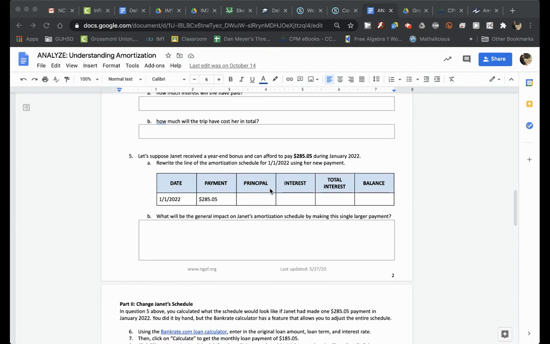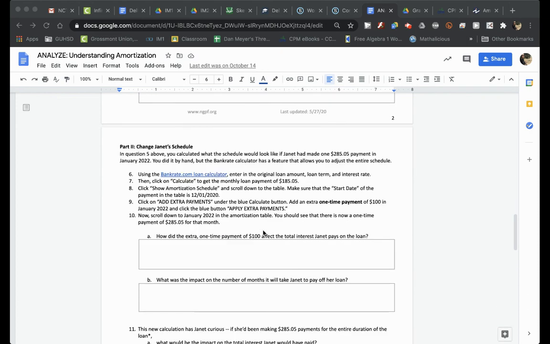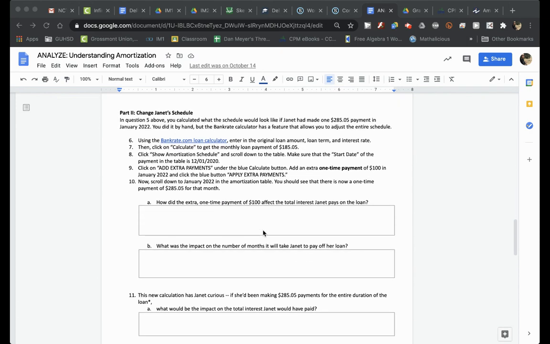So from there, what will be the general impact? Well, if you pay one single large amount, what do you anticipate happening later on? Do you think that she'll be dragging it out till December 2022, or do you think maybe she'll pay it off sooner?